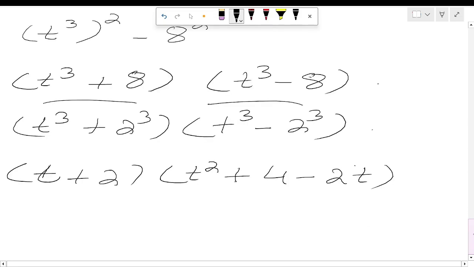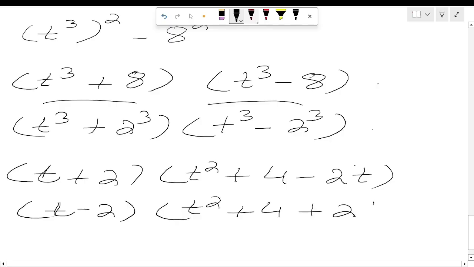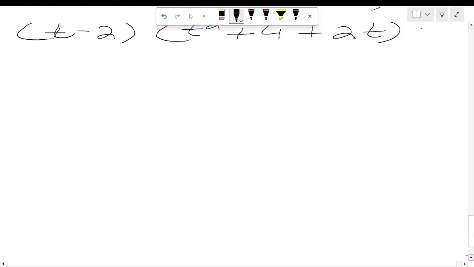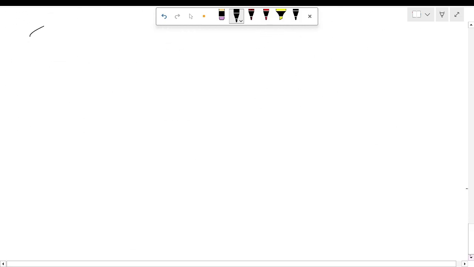Now I'll write a cube minus b cube for the second. So that will be t minus 2. Then we'll also have t square, that will be added with 4 and added with 2t. So this will be our final answer for question number 5. Now let's move on to question number 6.